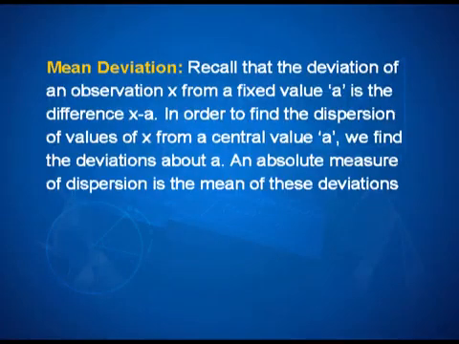Recall that the deviation of an observation x from a fixed value a is the difference x minus a. In order to find the dispersion of values of x from a central value a, we find the deviations about a. An absolute measure of dispersion is the mean of these deviations.